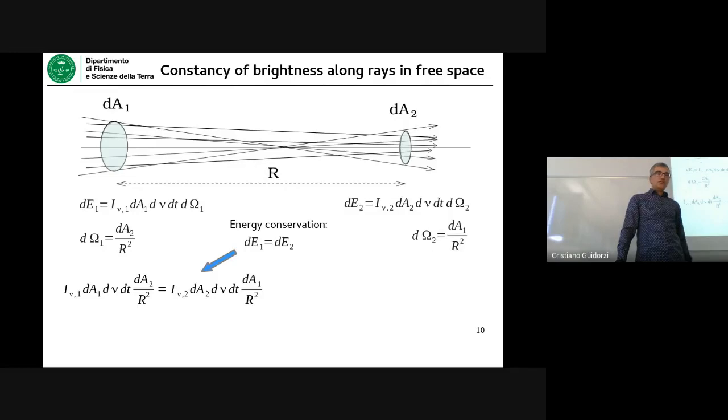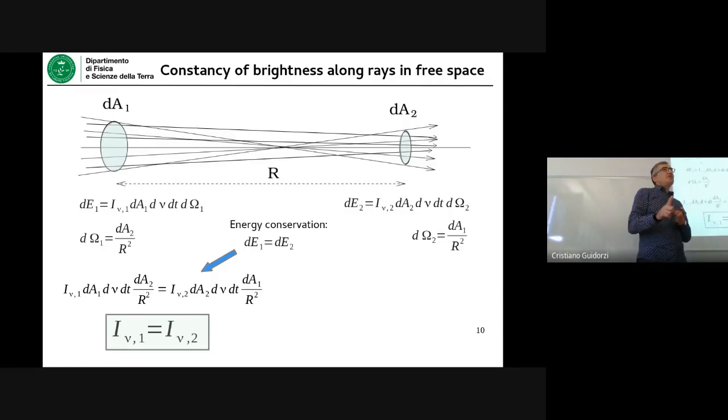You see that everything cancels out, and in the end, you are left with the two intensities. So you might say, oh, all this mess just to get to a very simple result.